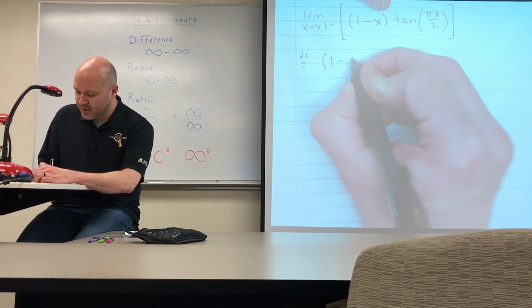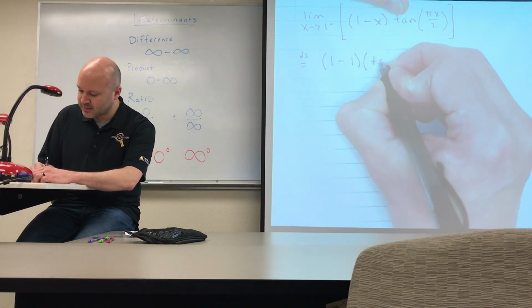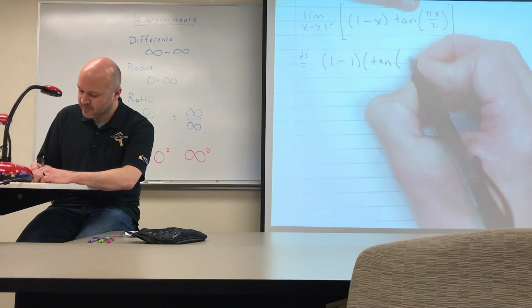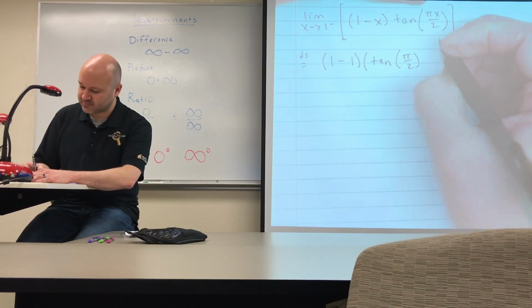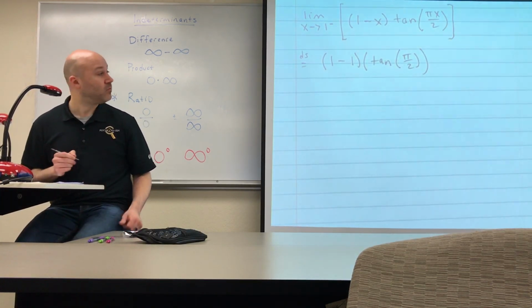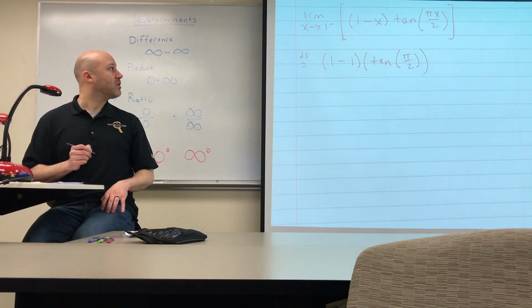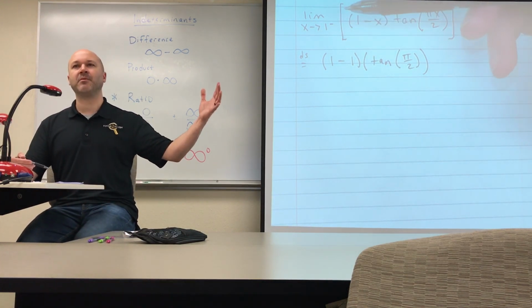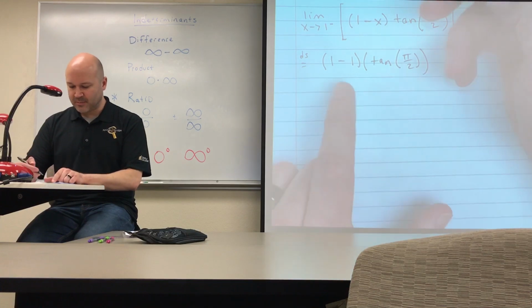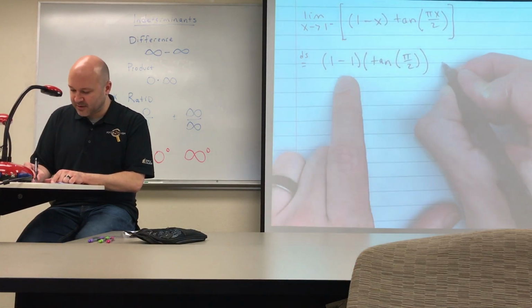So I have 1 minus 1 times tangent of pi halves. And visually I'm just thinking I'm coming from the left. Okay, I think I know what's going on here.